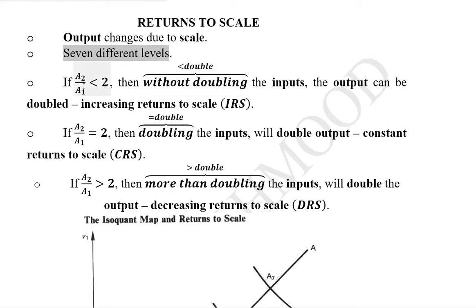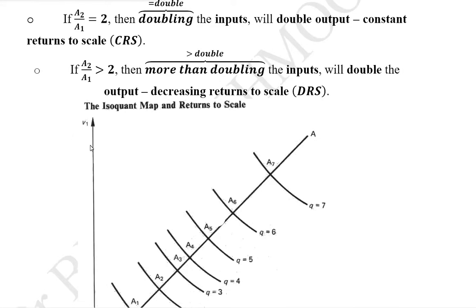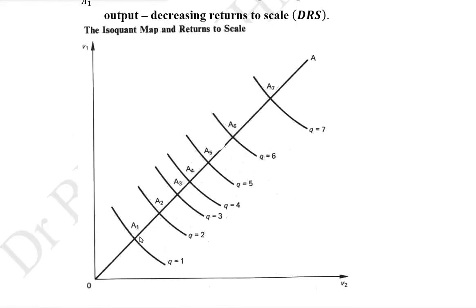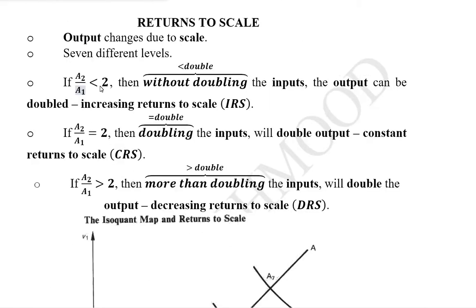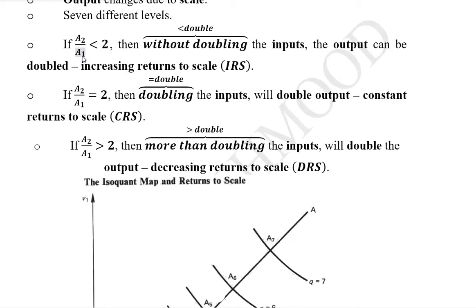The first one, in which A2 over A1 is less than 2, it is here happening that A2, when divided with A1, is less than 2. Then this inequality will hold, and this implies that without doubling the inputs we can double the output.